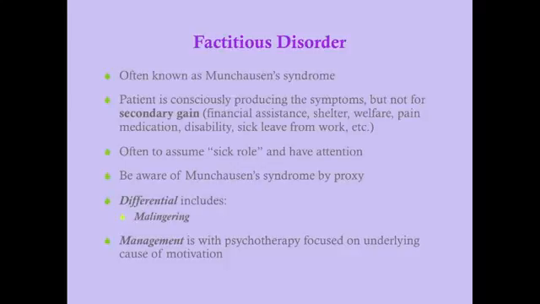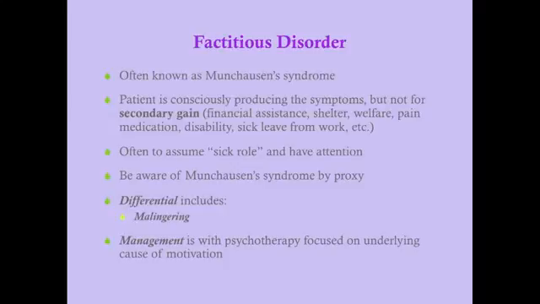That looks just like factitious disorder, except here we don't have the patient doing it, it's somebody else doing it for the patient. So it's essentially Munchausen syndrome, but you're trying to get the sick role and get attention by doing it to somebody else. Okay, hopefully I made that make sense to you.